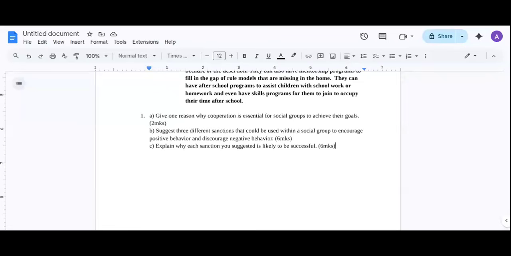Give one reason why cooperation is essential for social groups to achieve their goals. So here we're looking at cooperation, we're looking at group goals. So why is it essential for groups to work together or to cooperate?